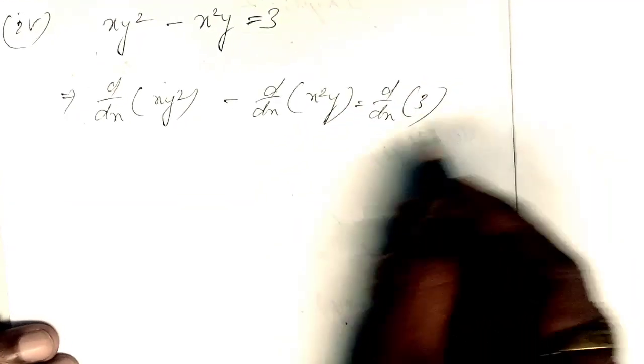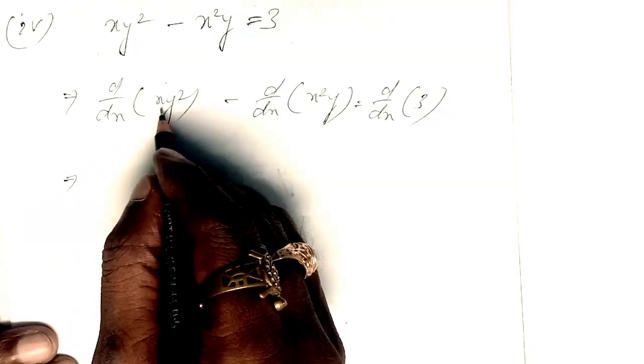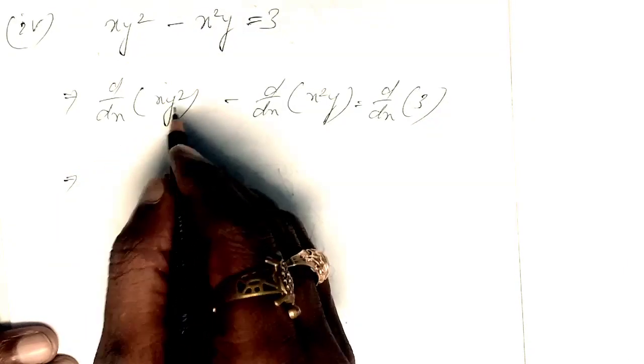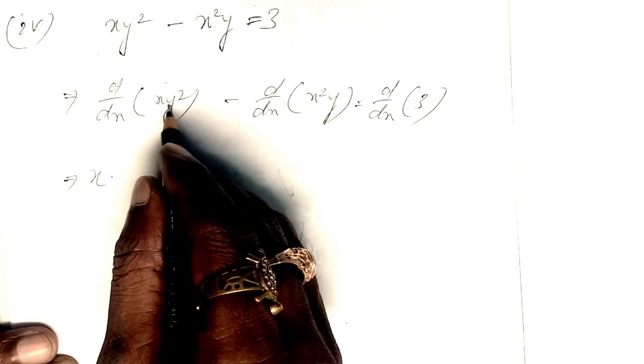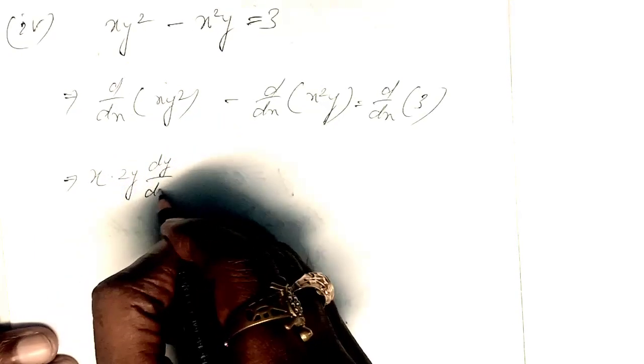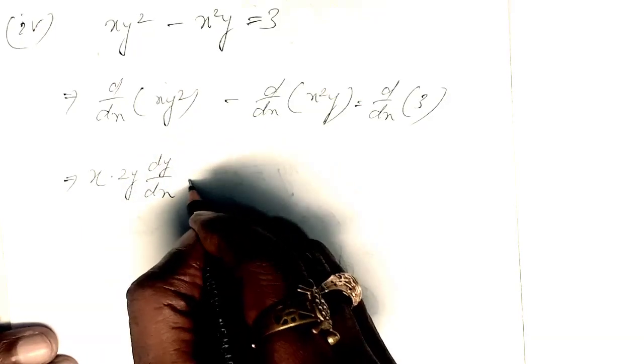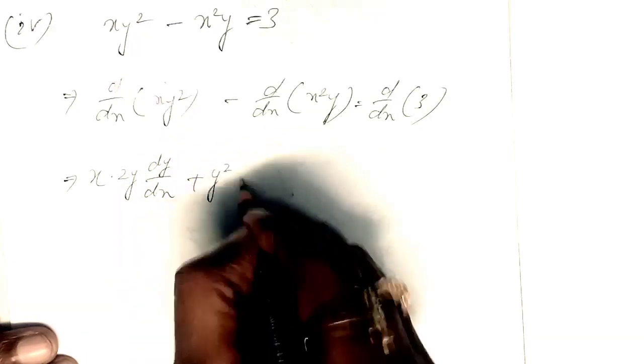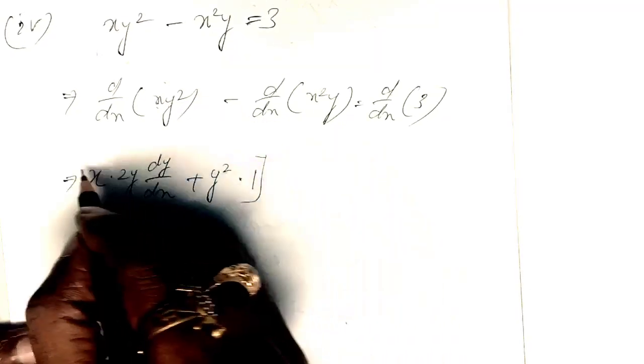You have to write the step. Here you have to apply the UV formula, the product rule, means x into the derivative of y square, that is 2y dy by dx, then plus y square into the derivative of the first function x, that is 1. This part is completed.